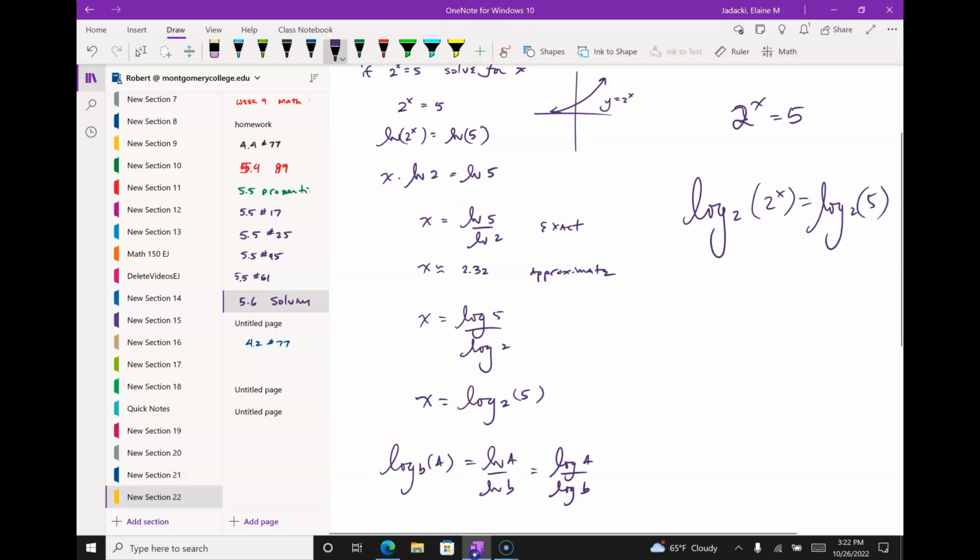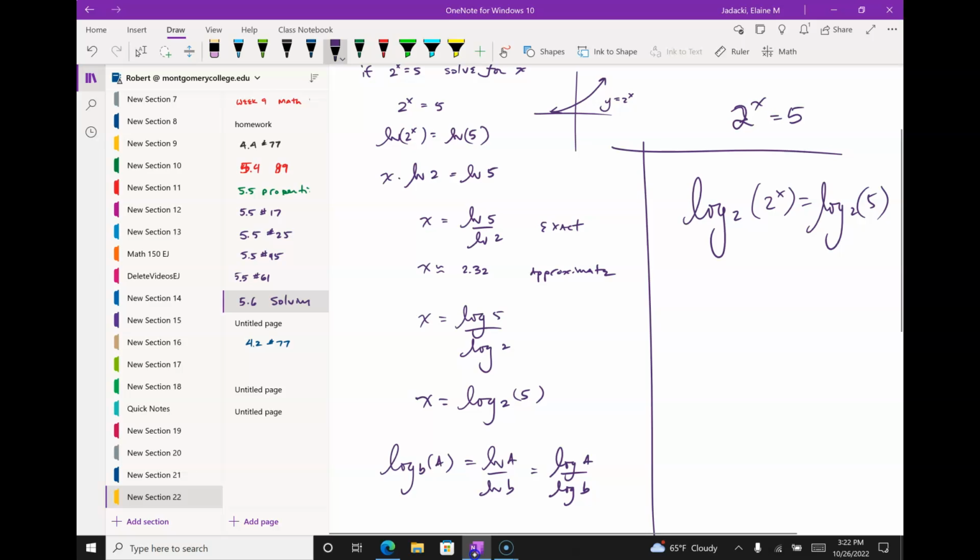Yeah, they're inverses, right? I'm solving 2 to the x is 5 again. I took the log base 2 of both sides. Why did I choose log base 2?